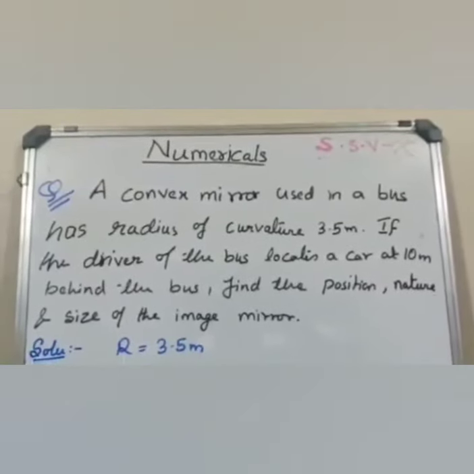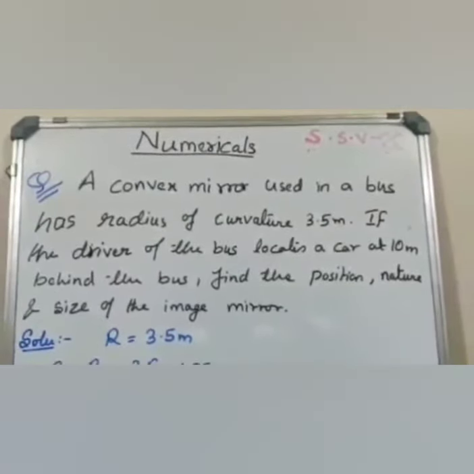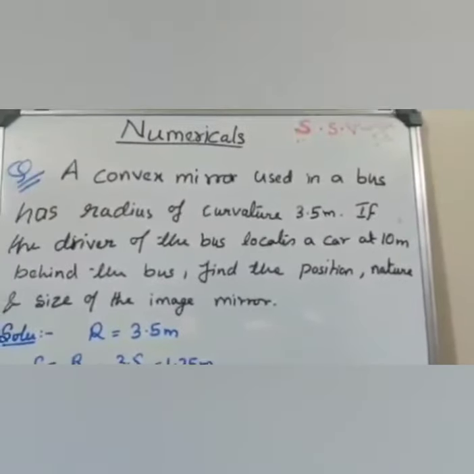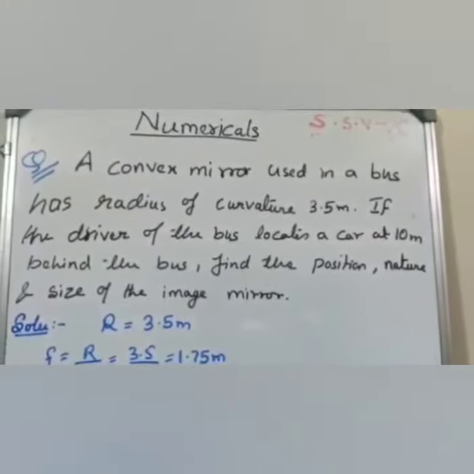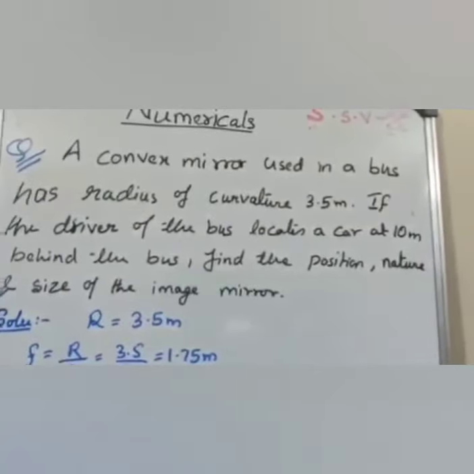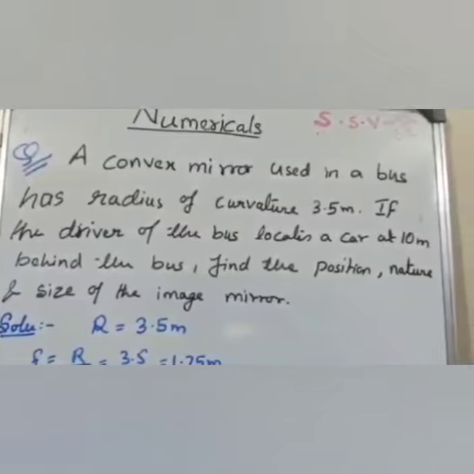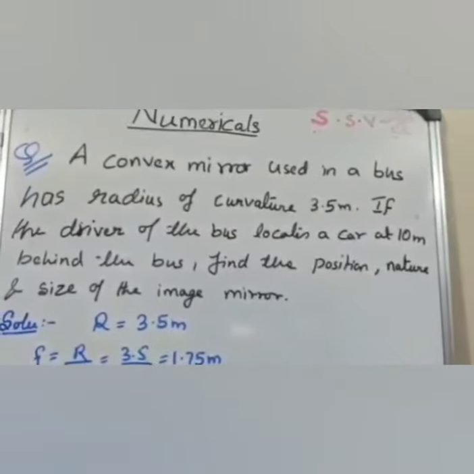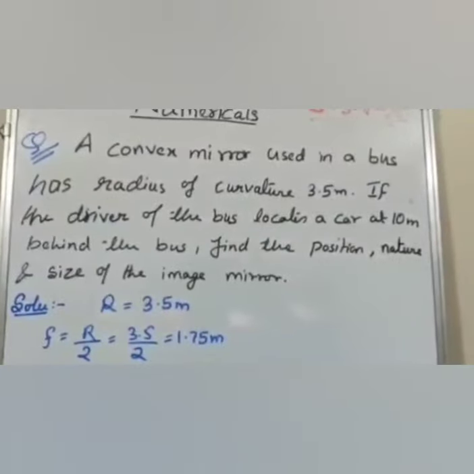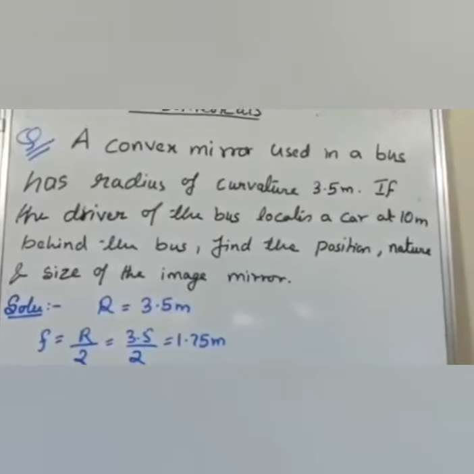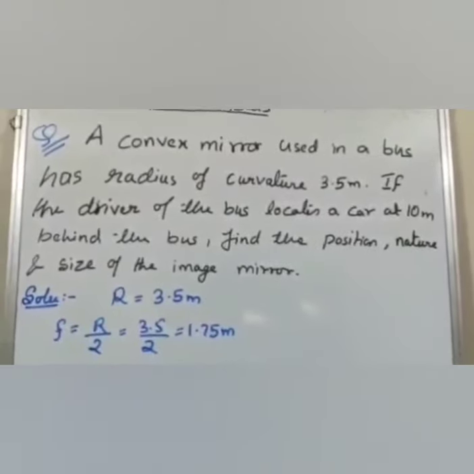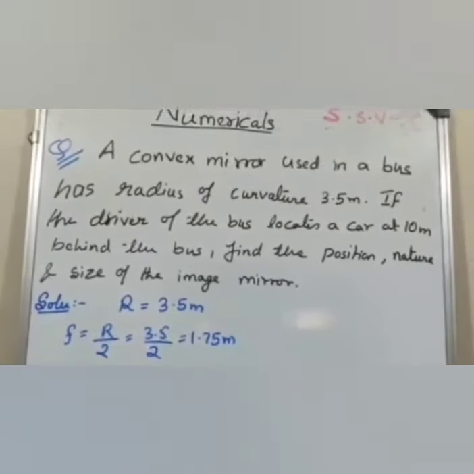So our next question is: a convex mirror used in a bus has radius of curvature 3.5 meters. If the driver of the bus locates a car at 10 meters behind the bus, find the position, nature and size of the image. Okay.